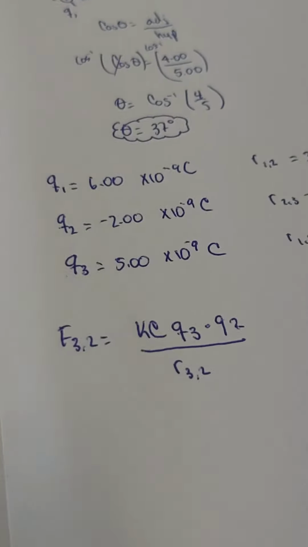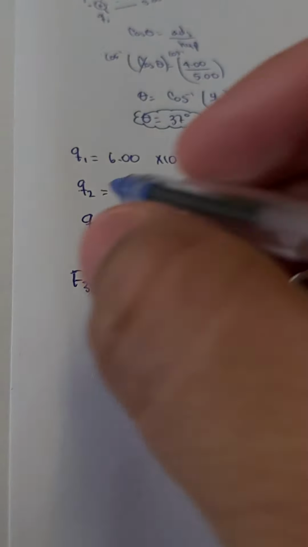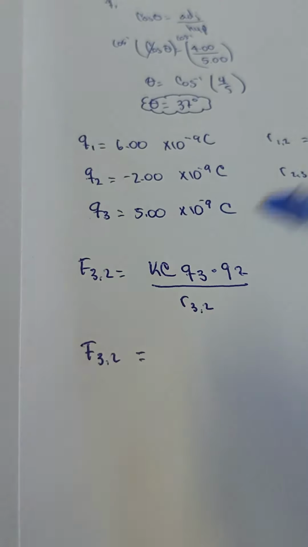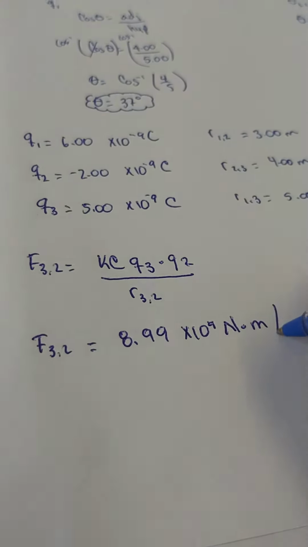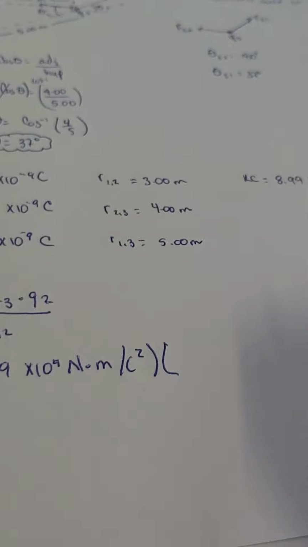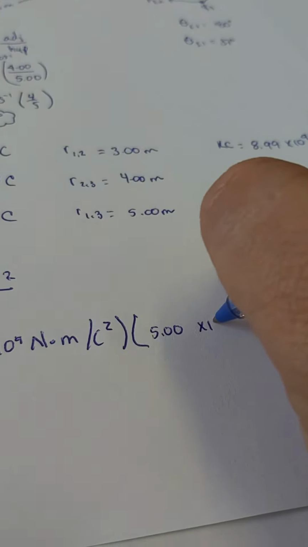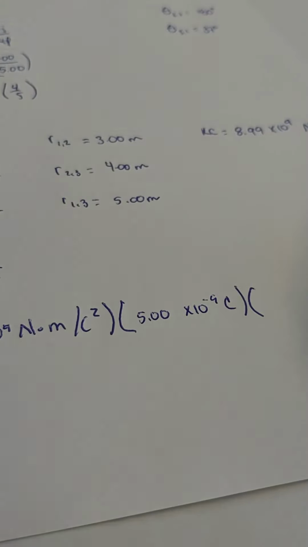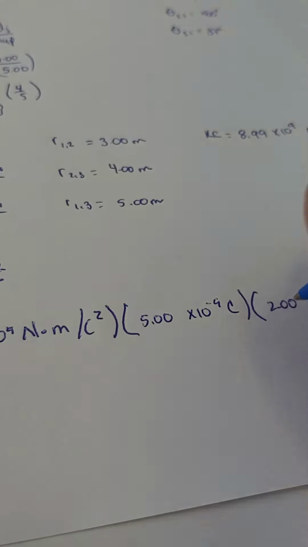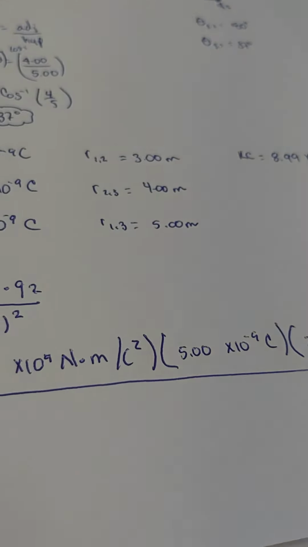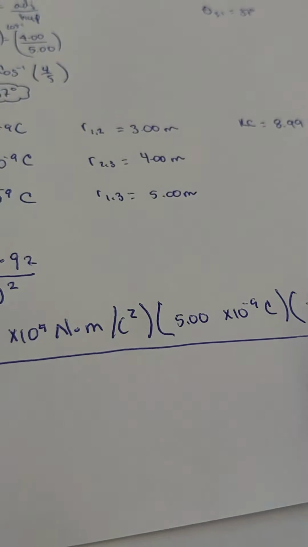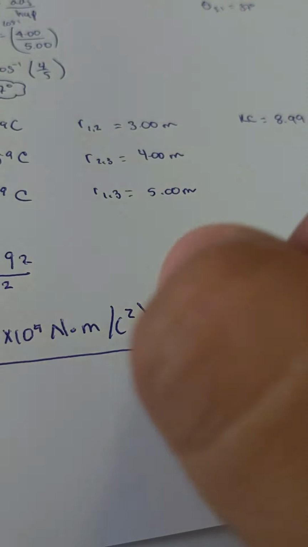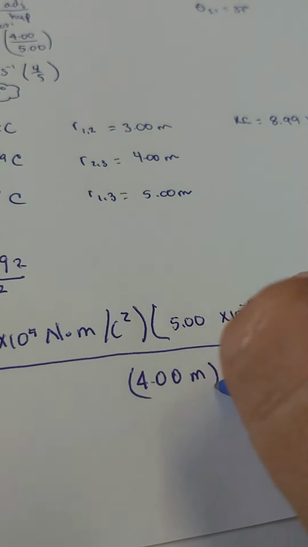Now we substitute. F32, the electric force between charge 3 and 2, equals 8.99 times 10 to the 9th Newton meter squared per coulomb squared, times charge 3, 5.00 times 10 to the negative 9 coulomb, times charge 2, 2.00 times 10 to the negative 9 coulomb, over radius 3,2, which is 4.00 meters, squared.